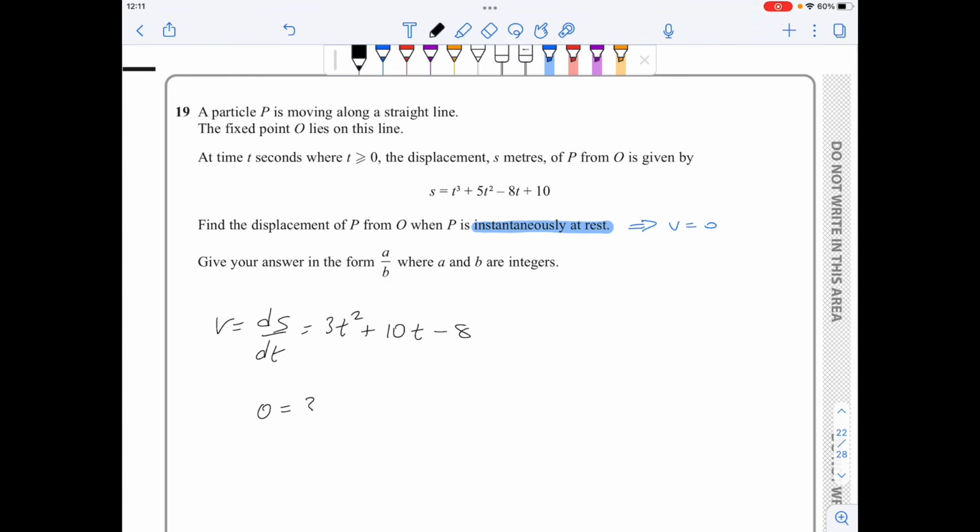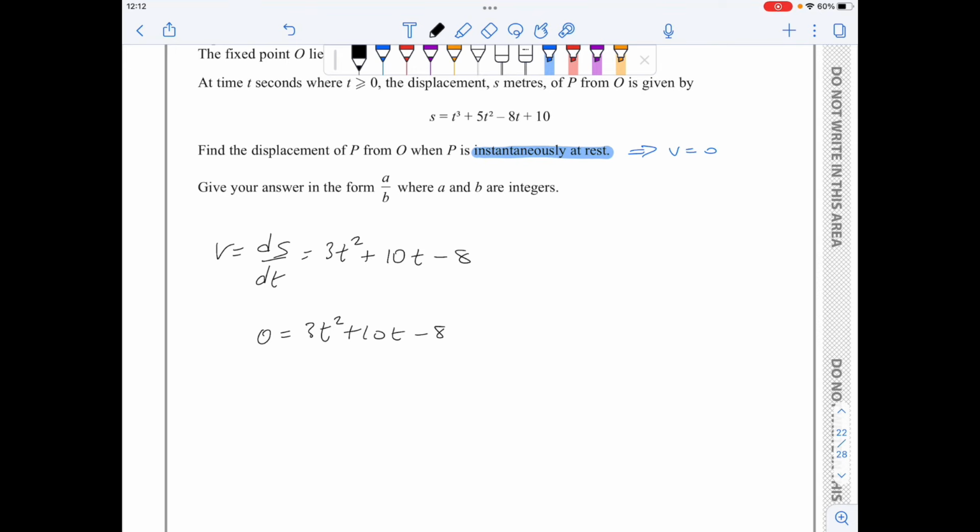So 0 equals 3t squared plus 10t minus 8. Now I can factorize this. It will be (3t minus 2)(t plus 4). So when I solve it, I'm going to get t equals 2 over 3, or t is equal to minus 4, which I will reject.